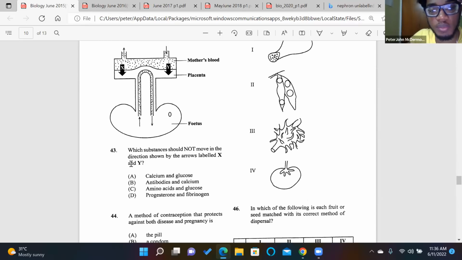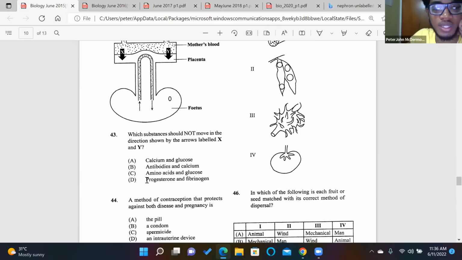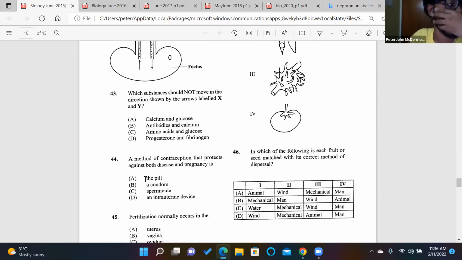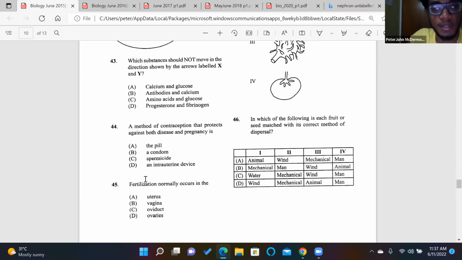Which one of these doesn't belong for 43? D. Yeah, D looks weird. I don't think you'd want these in a developing fetus.